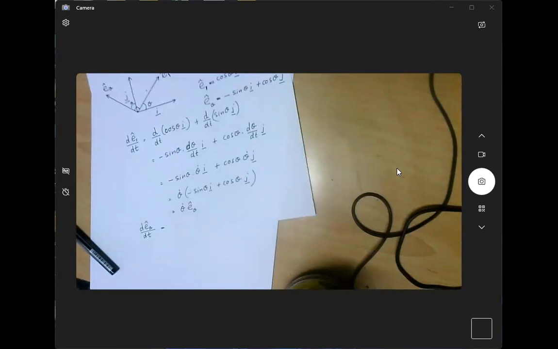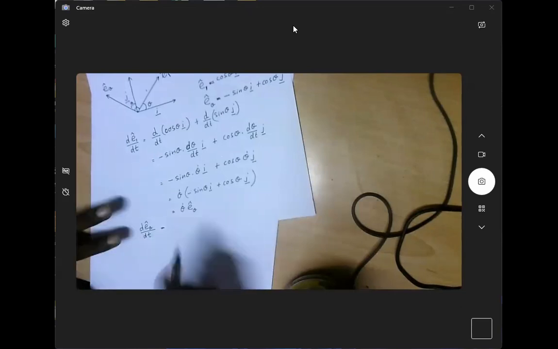Minus theta dot is correct. Minus theta dot times e_r, the vector in the r direction.